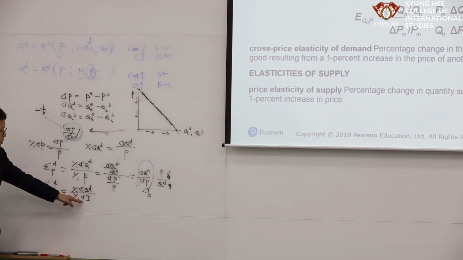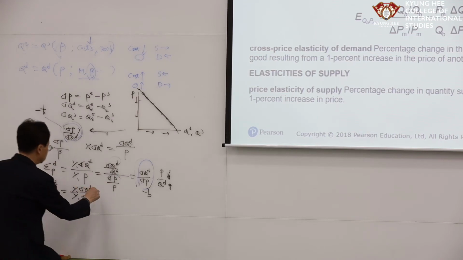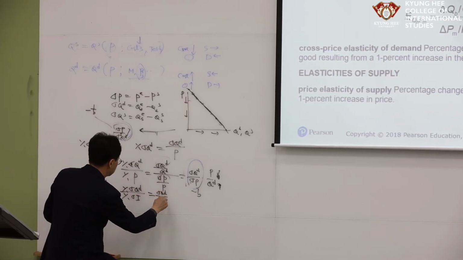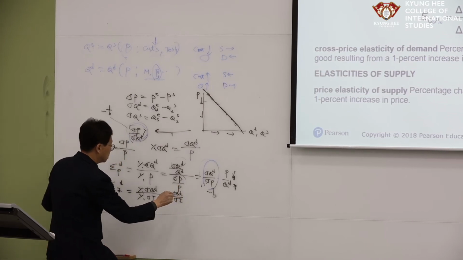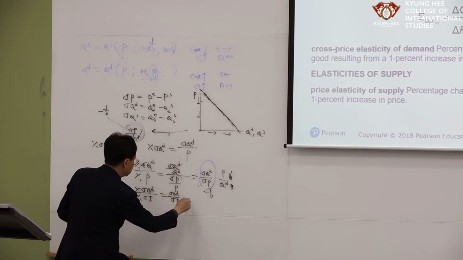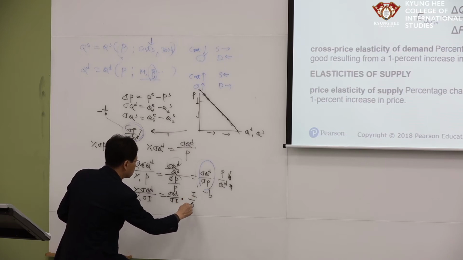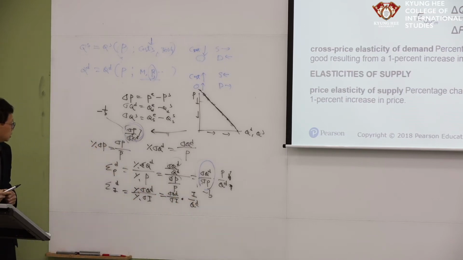So if income increases by 1%, then how many percent does quantity demanded change? Rewriting this, it is change in QD over change in income multiplied by income over quantity demanded, right?